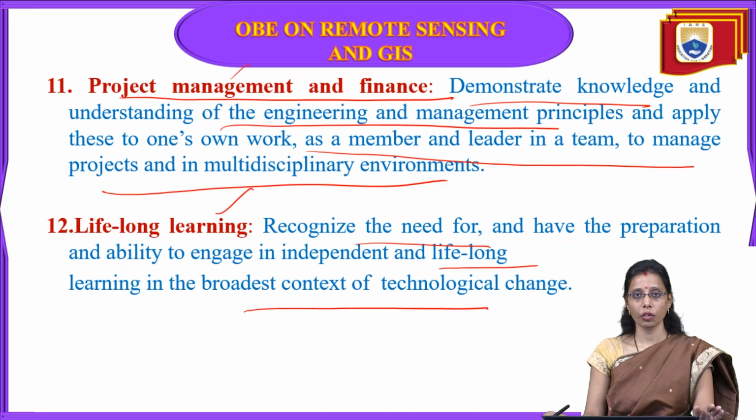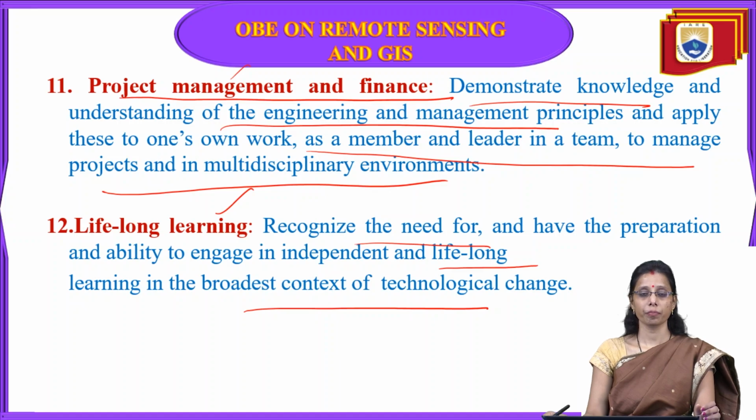So these are the 12 POs given by the NBA, and they apply to all the programs offered, all the BTech programs and all the engineering courses offered by the institutions. They have to go through all the PO mapping.